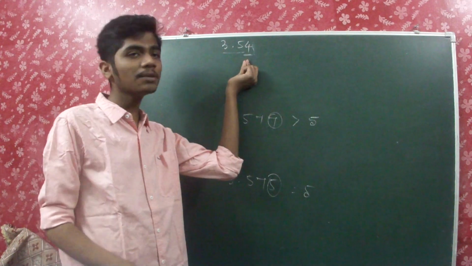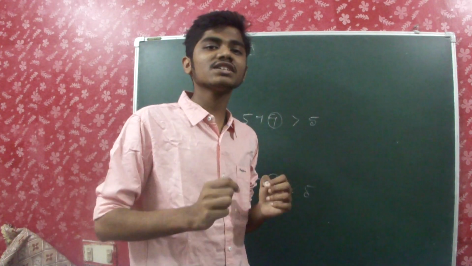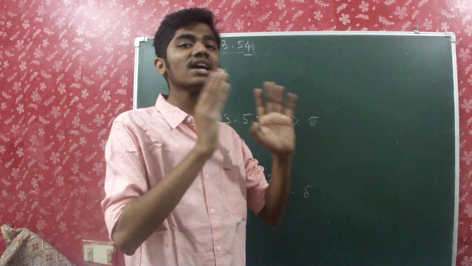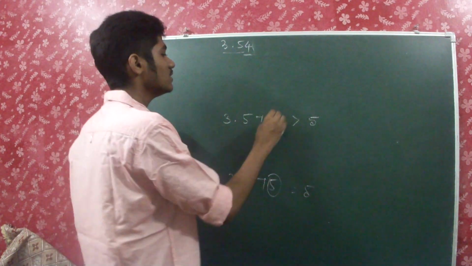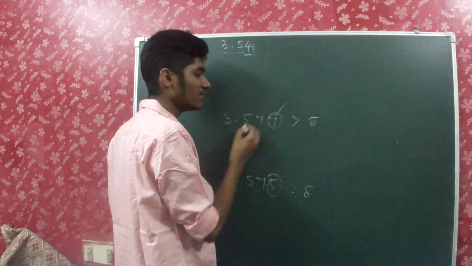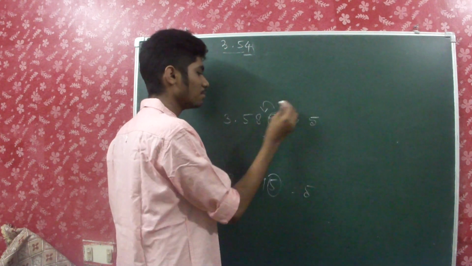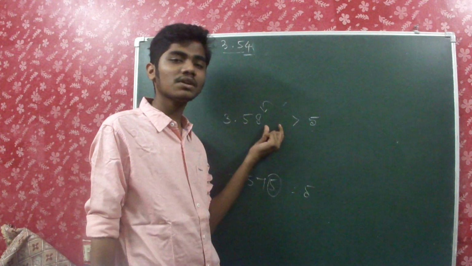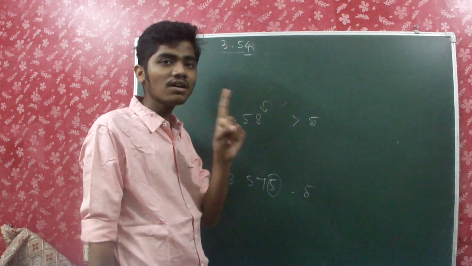No change will be there in the preceding digit. So if the uncertain digit which has to be rounded off is less than 5, its preceding digit will stay as it is. Whereas here, the digit is greater than 5, so to its preceding digit we have to add 1. So this becomes 3.58, only because the digit I wrote here was greater than 5.